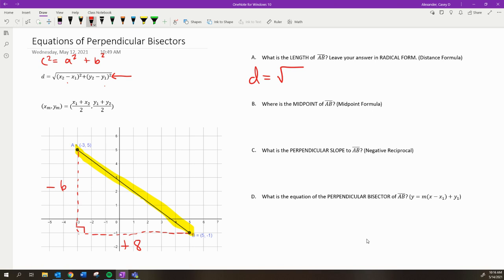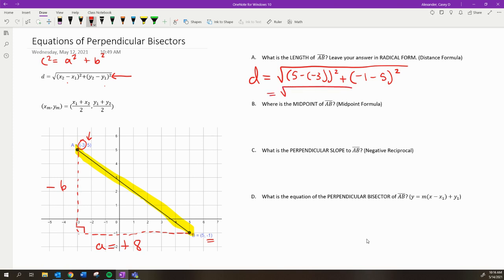The distance is equal to... we're really using the run as a, so I'm going to do x2 minus x1, so that's 5 take away -3, and then I square that. Then I do the same thing with the rise, which is -1 take away 5, so -1 minus 5 squared.